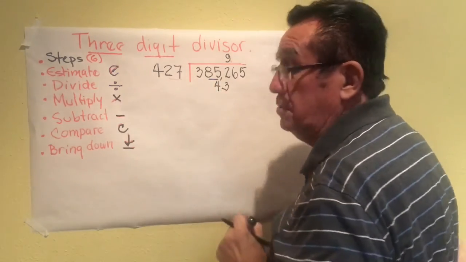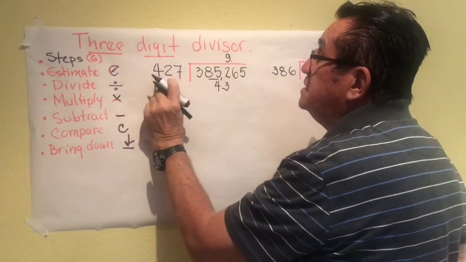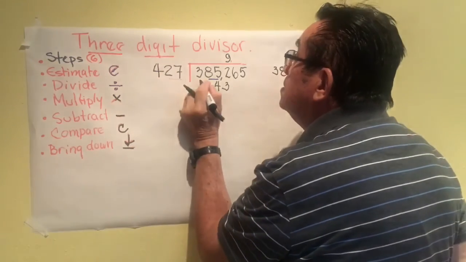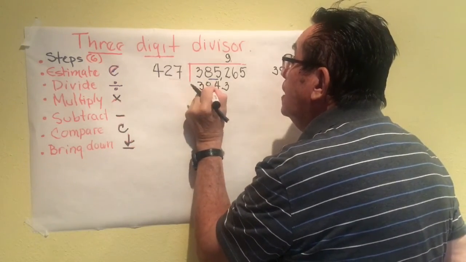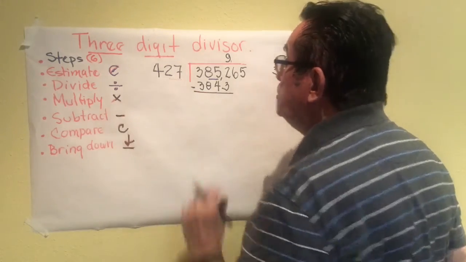So I take 2. Now, 4 times 9 is 36, plus 2 is 38. Oh my goodness. I do subtraction.